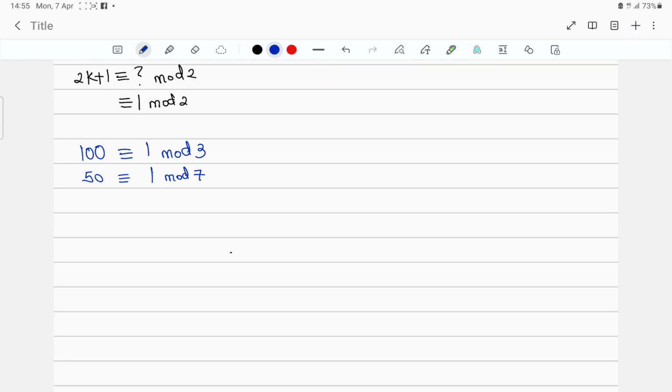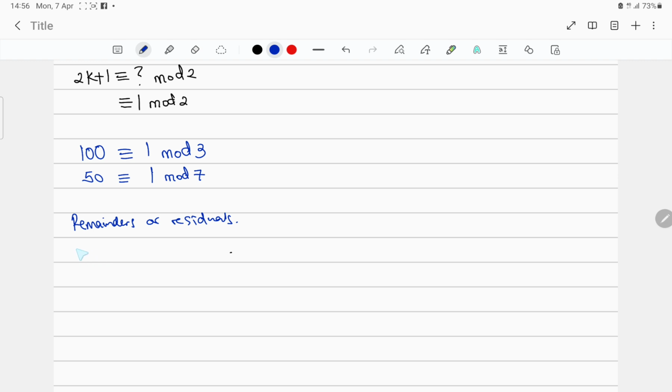Okay, let's now consider remainders or residues. For any given positive integer, we can find positive residues and negative residues.